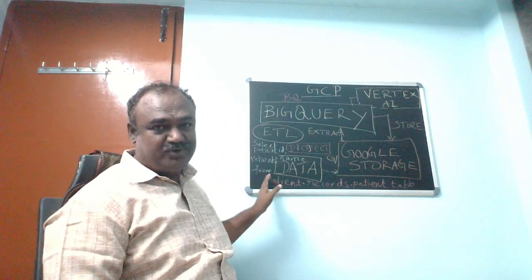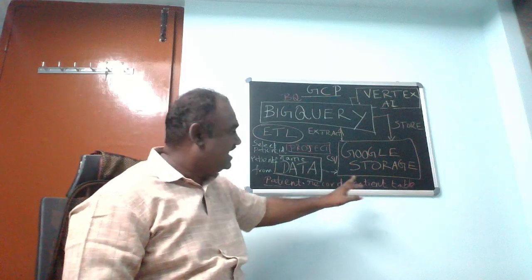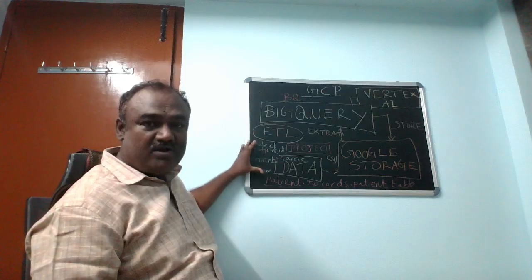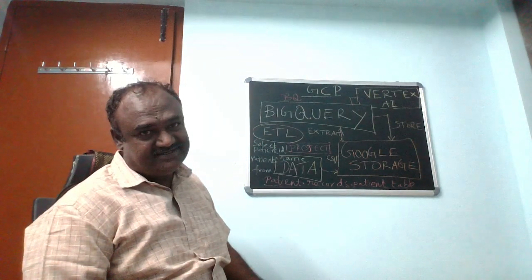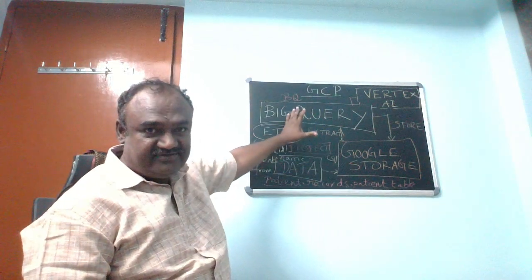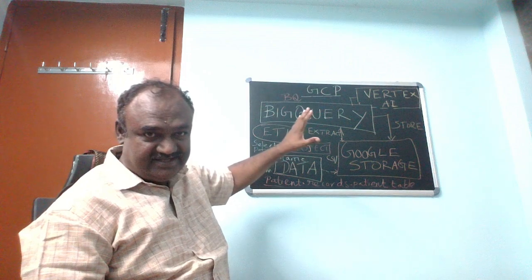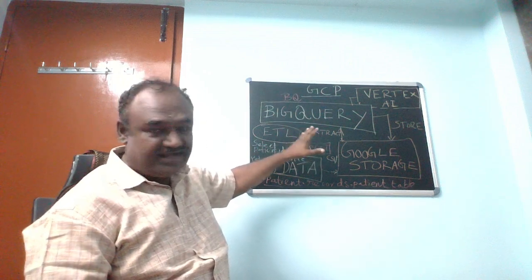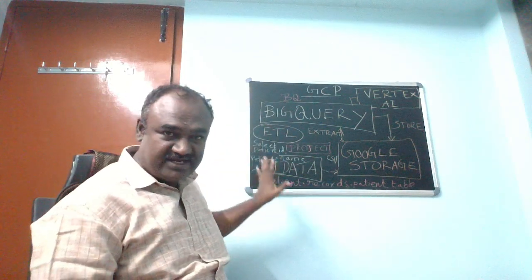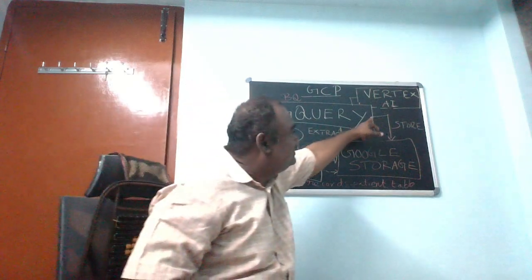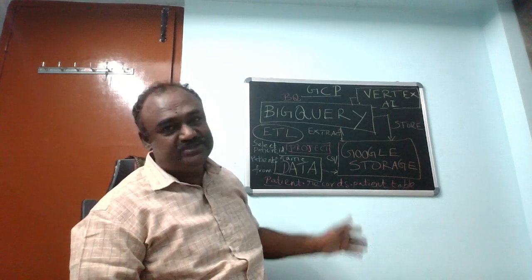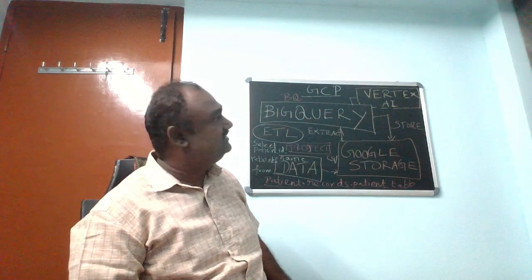So we have a project, we have a data set, and your table name. The table will have all the fields inside it. Simple. So we have GCP, we have BigQuery, and we have GCS storage. We load it, we run the query, and we can store the query results back into GCS storage again.